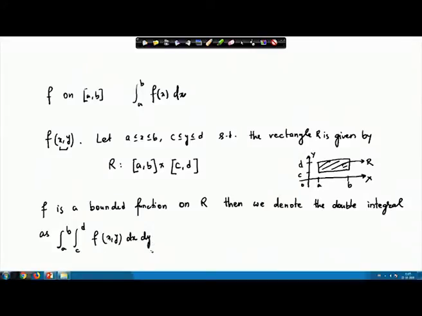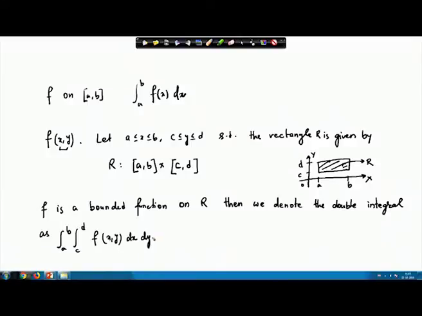Now, what do we mean by this integral? I am going to write it down in probably the next couple of minutes. Here we have a range of integration a to b, which is for the variable x, and a range of integration from c to d, which is for the variable y. So do not mix it up. When we write a to b, that is for x, and when we write c to d, that is for the variable y.